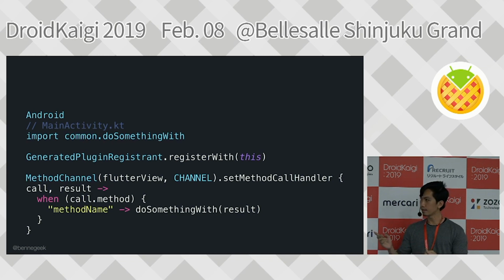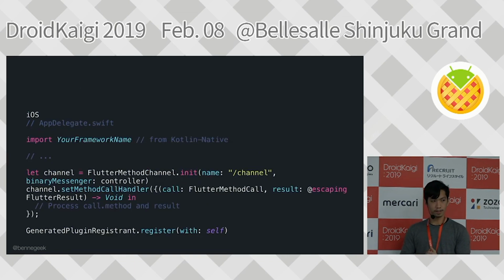So here you have a switch case where, if you pass a method in the channel called method name, you can call this method called doSomethingWith. And then the doSomethingWith can come from the common module, which you wrote for Kotlin native. It's called Kotlin multi-platform. So in this way, you are communicating between Flutter and your shared Kotlin multi-platform code already. You can also do the other way, but I didn't show it here. But that side is from Flutter.